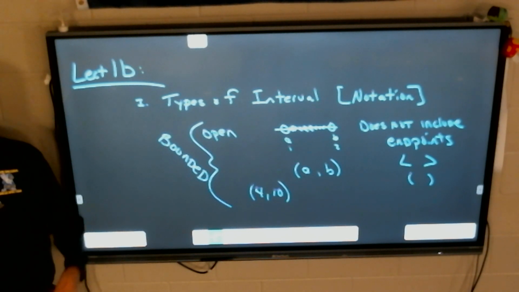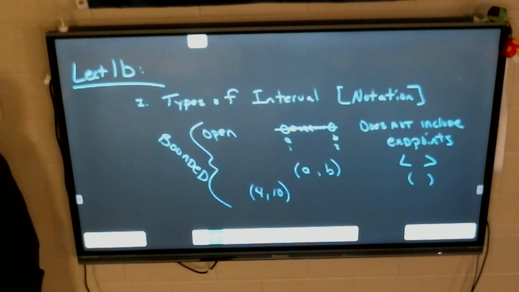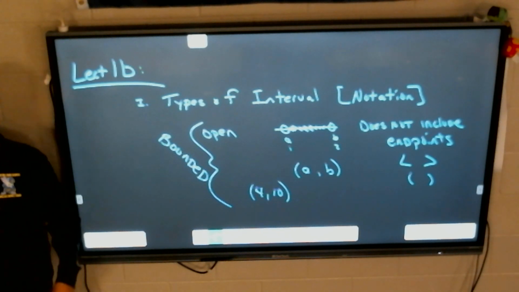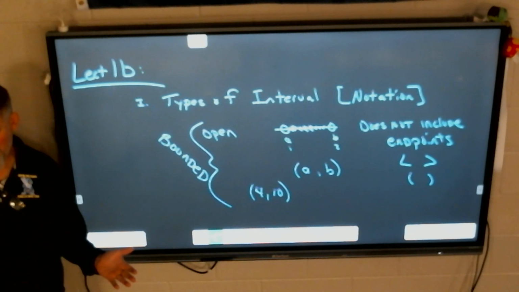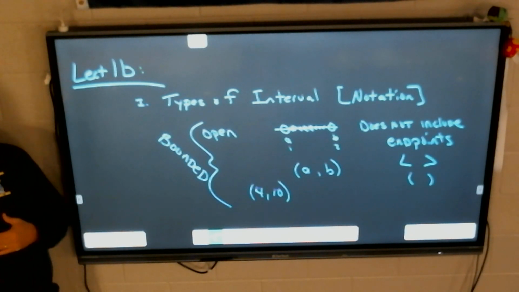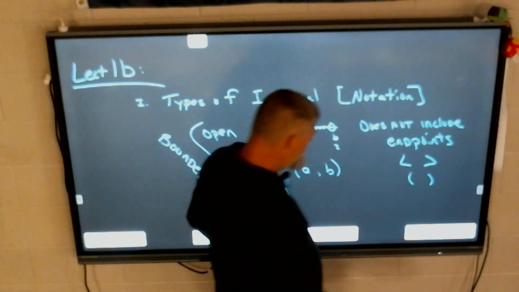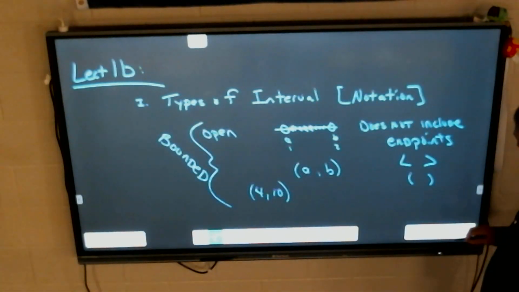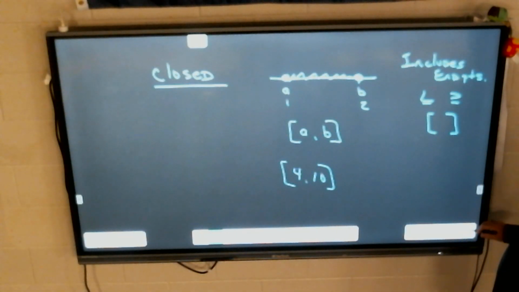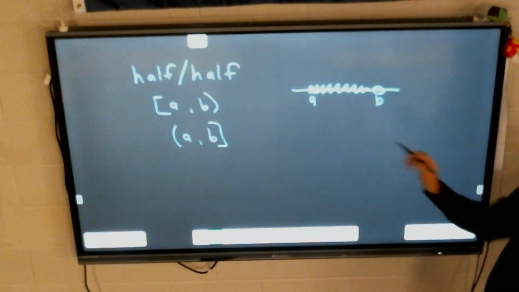They go a certain distance and they stop. So just like if we have an open, we also have a closed. If I have a bounded, I also have an unbounded. So bounded, we have the open, the closed, the half open, half closed. It could go either direction.